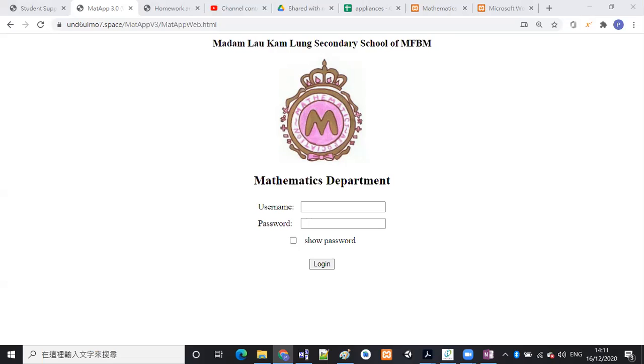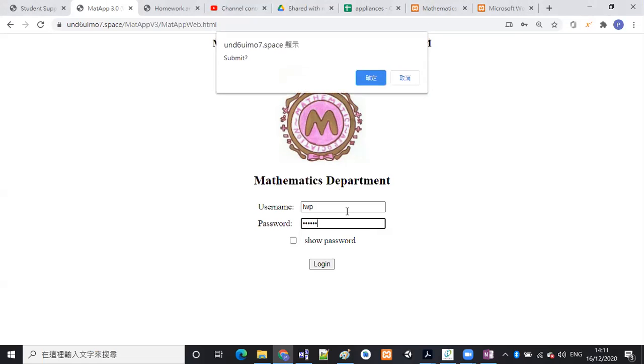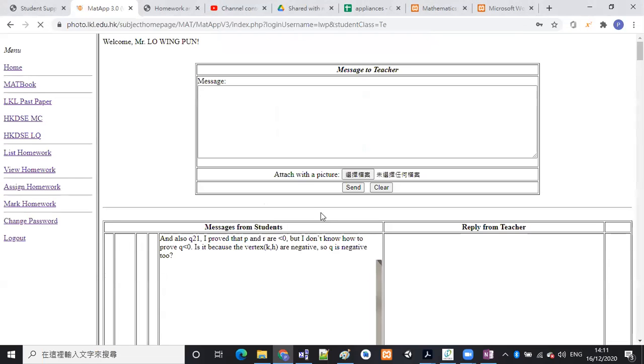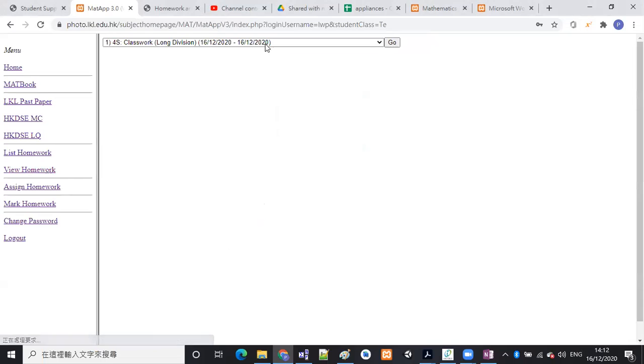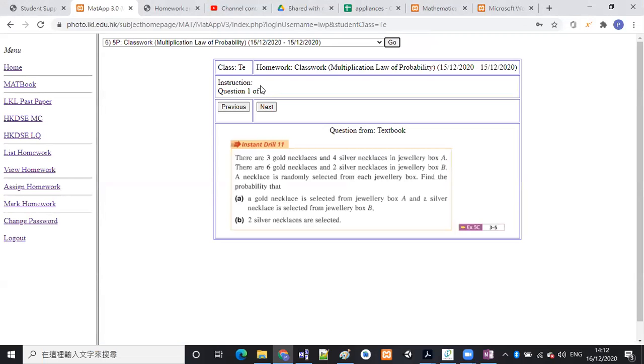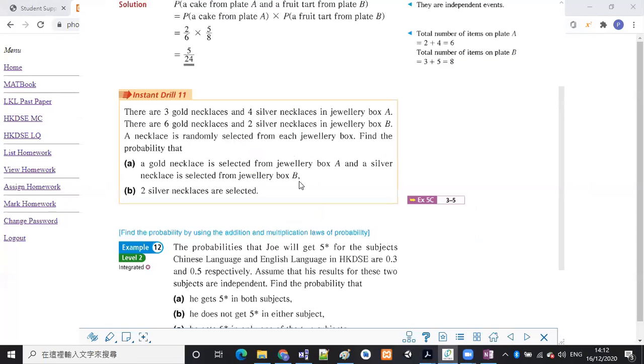You should find the latest classwork to be this one. Actually, it's yesterday's classwork, but we didn't cover this. Instant drill number 11.